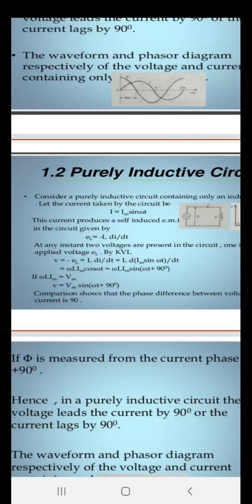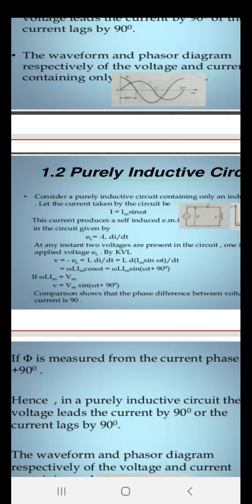Current i is equal to Im sin omega t. The current produces an induced EMF given by EL is equal to minus L di by dt. Taking the derivative, the applied voltage will be V is equal to EL is equal to L di by dt.